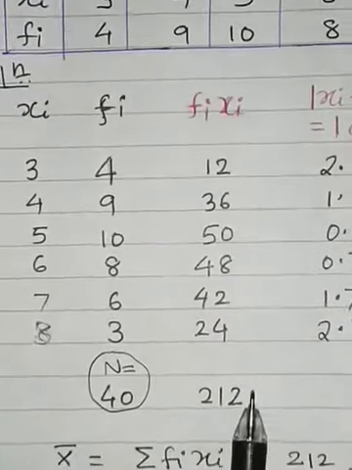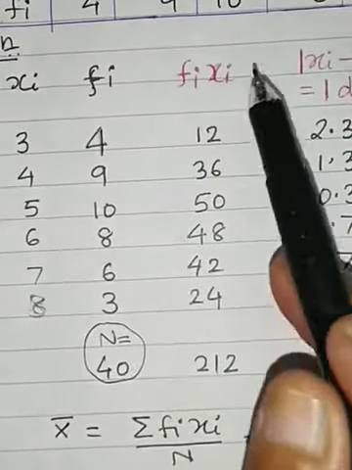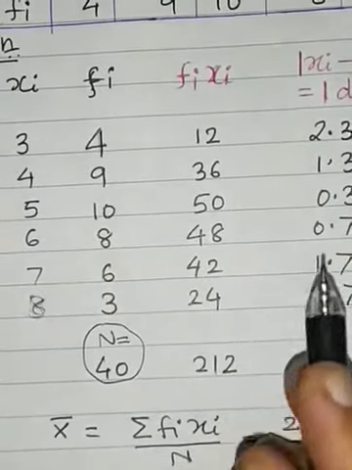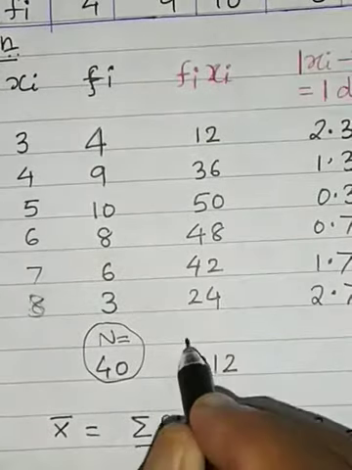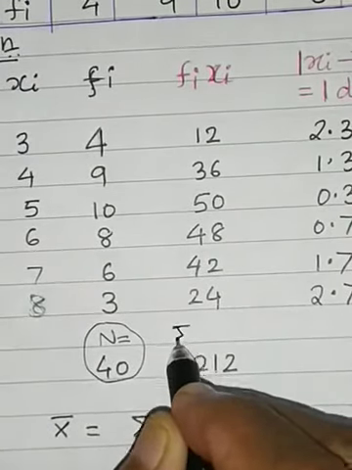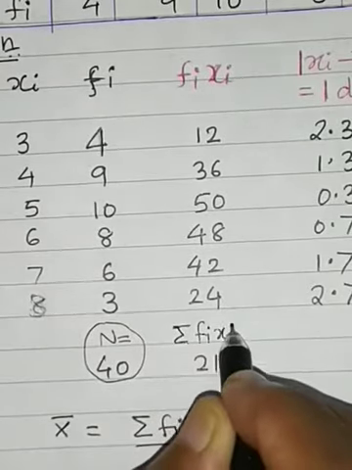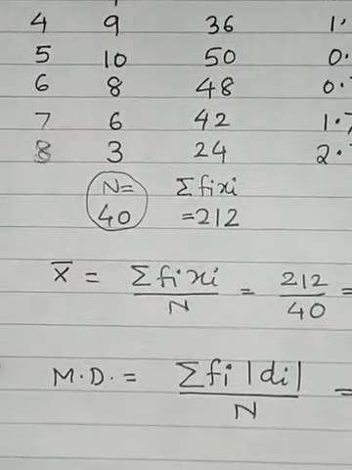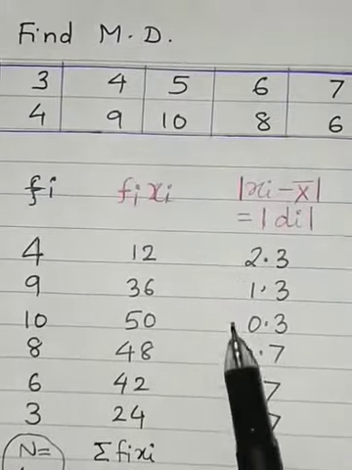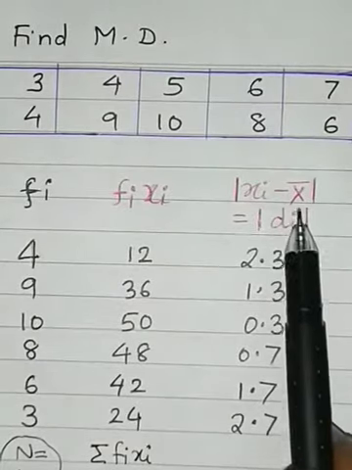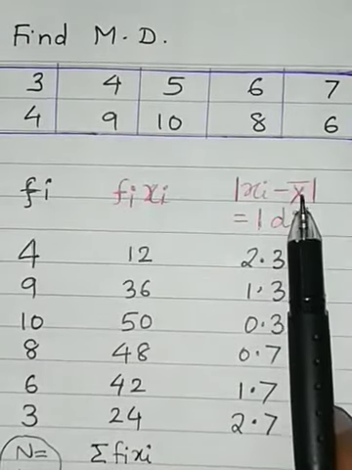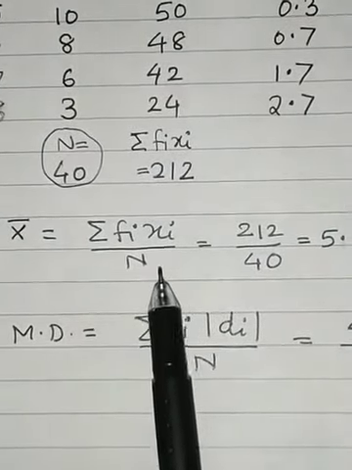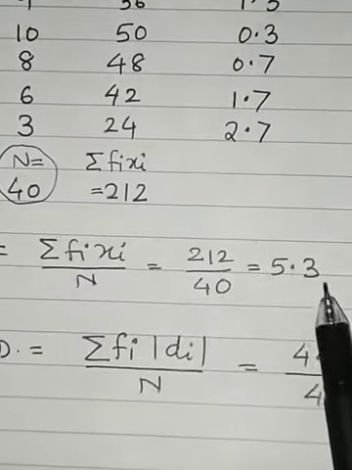You are making fi xi. Look, I have written these newly made columns in red ink. Now when we add them, we write summation fi xi is equal to 212. Unless we find x bar, we cannot go to the next column because the next column requires x bar. So x bar is summation fi xi upon n, 212 upon 40, that is 5.3.